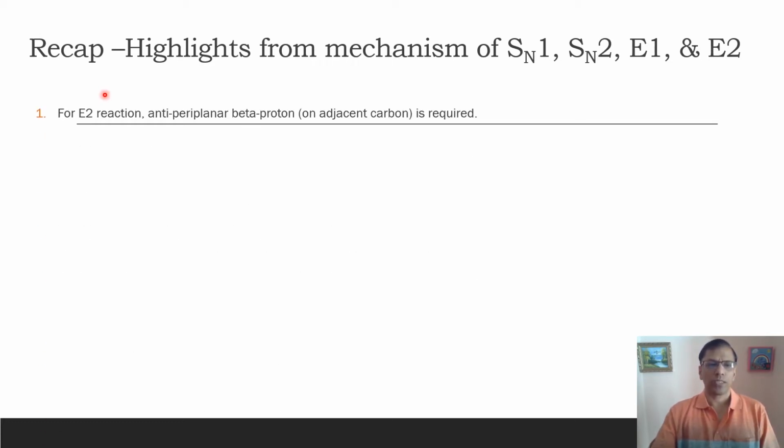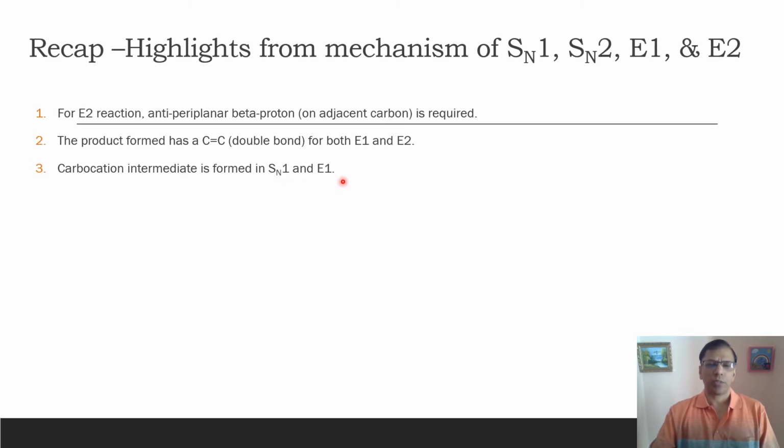One thing you have to remember is that for an E2 reaction, you need to have an anti-periplanar beta proton, and the beta proton is on the adjacent carbon. The product formed from an elimination reaction, E1 or E2, is an alkene that has a carbon-carbon double bond.